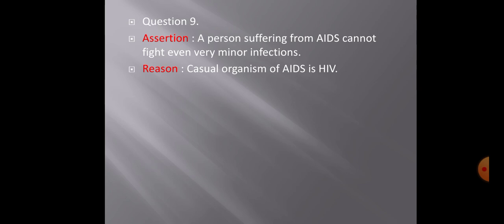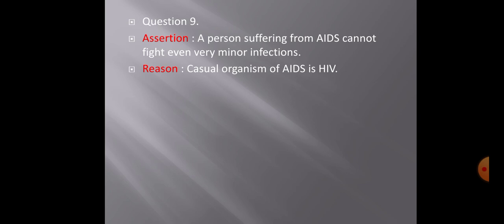Here the virus starts spreading in the cells of the person in such a way that the whole immune system will not be able to work properly. Because of this weakness in the immune system, the person is not able to fight against antigens or any infections which come into the person's body. So the assertion is absolutely correct.